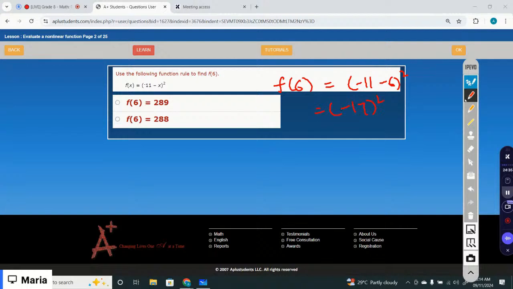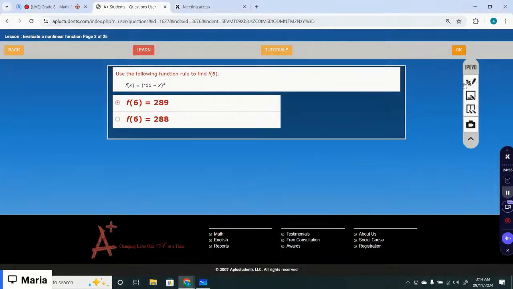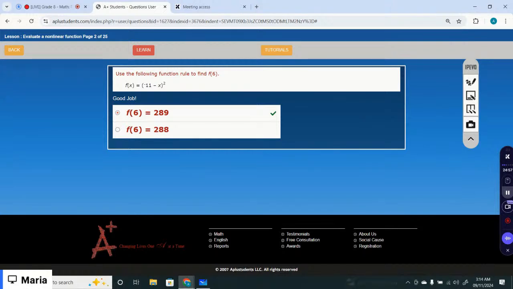So negative 17 square equals 289. Option number 1 is the correct option. F of 6 equals 289.